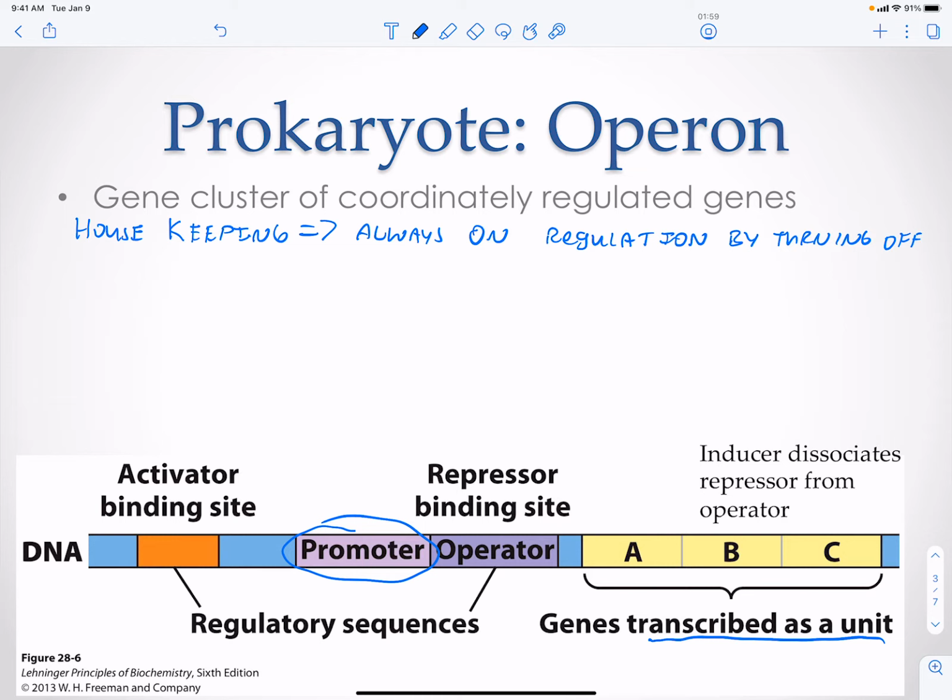Now, some of these are going to include structural genes, and some can include regulatory genes, or regulators.